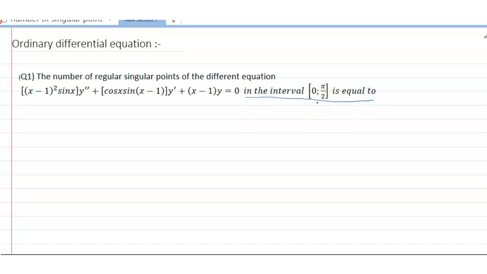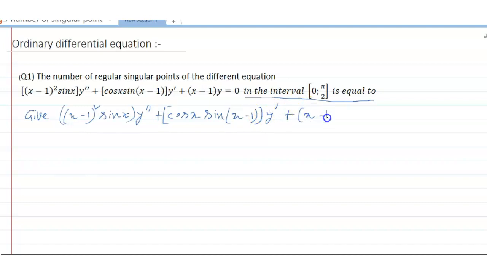So friends, what is given? My given equation, I first write (x minus 1)^2 sin x y double dash plus cos x sin(x minus 1) y dash plus (x minus 1) into y equals to 0.